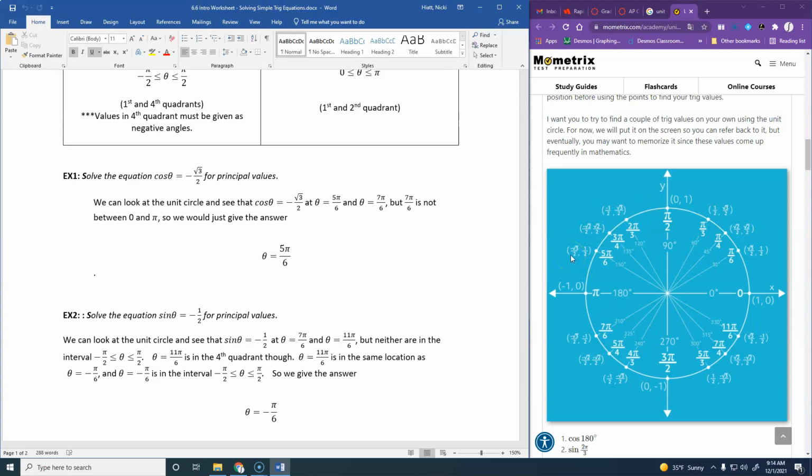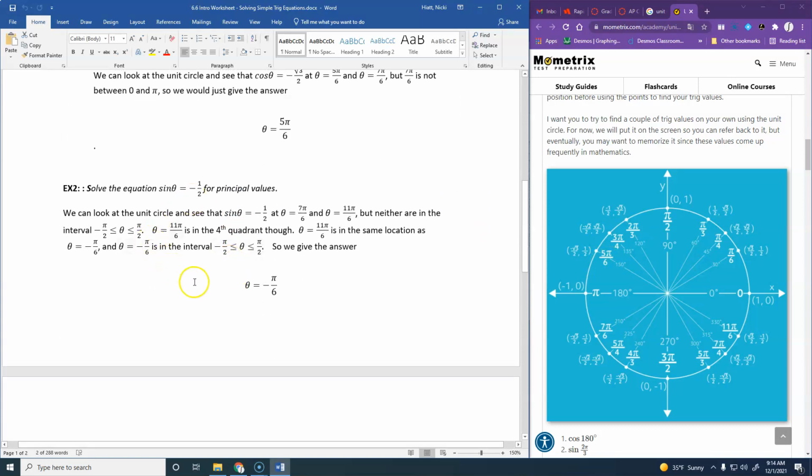I think I'm saying that backwards. So negative square root of 3 over 2 is right here at 5 pi over 6. It is also at 7 pi over 6. But since this said principal values, we are only looking from 0 to pi, since this is cosine. So 5 pi over 6 would be our only answer. So that's what we would give here.